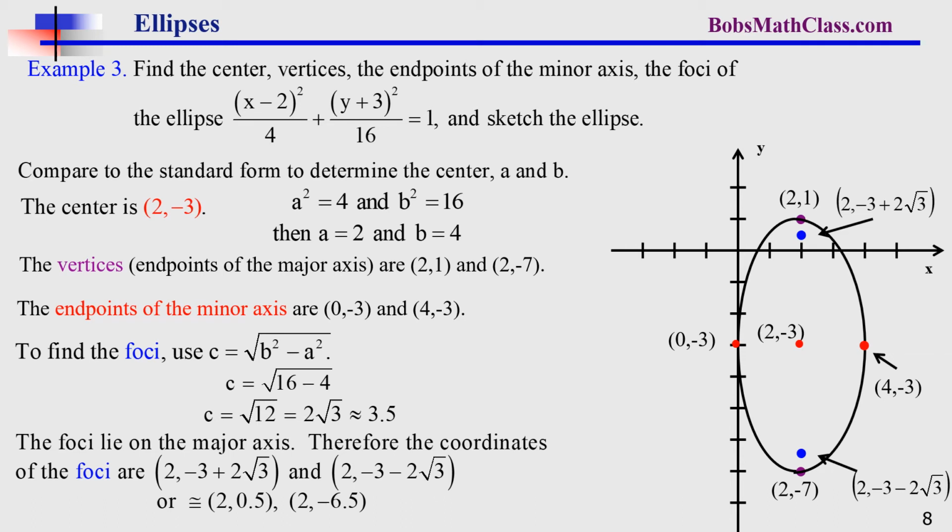So we're just putting negative 3 plus 2 square root 3 and then negative 3 minus 2 square root 3. The x value doesn't change. So that's why we have our foci at (2, -3 + 2 square root 3) and (2, -3 - 2 square root 3). Or in decimal form, if your teacher wants decimal form, you can change those to (2, 0.5) and (2, -6.5).